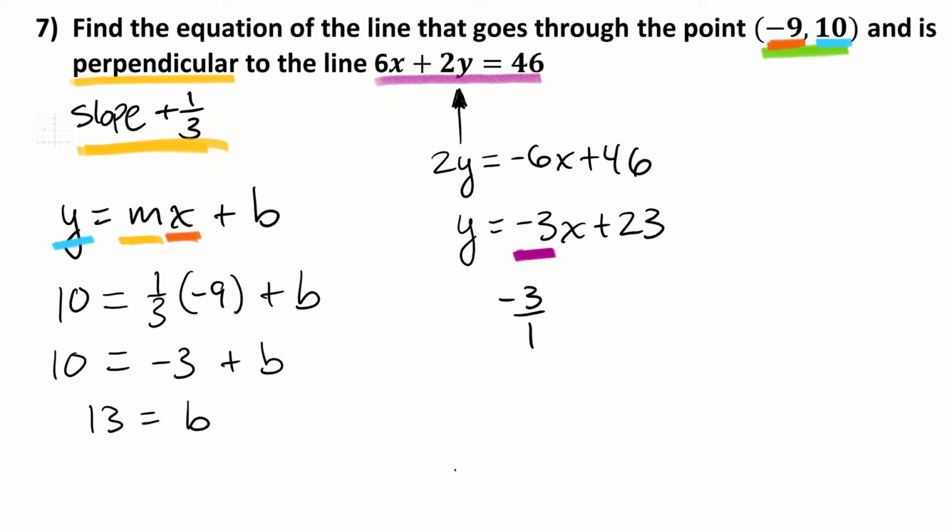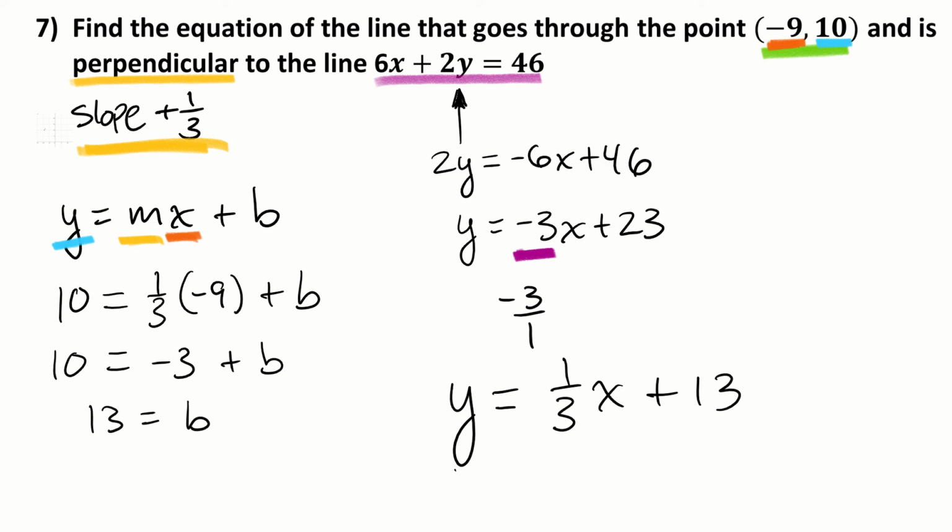So there we go. I now know my missing parameter. I now know my y-intercept. So at this point, I'm ready to write the equation of the line. So I can write y is equal to 1/3 times x, and then plus the number 13.